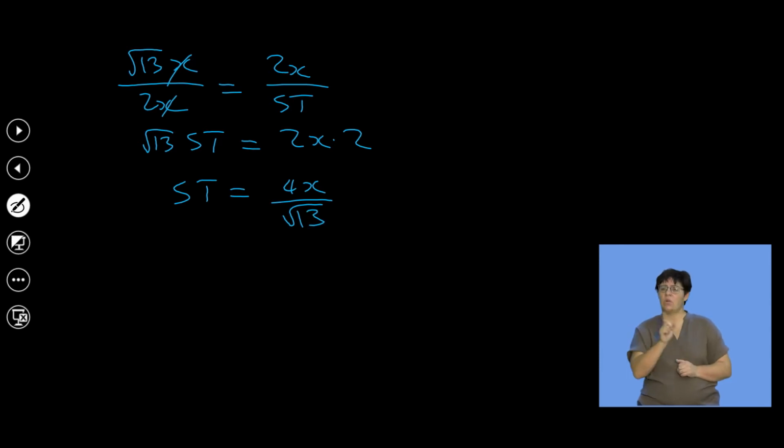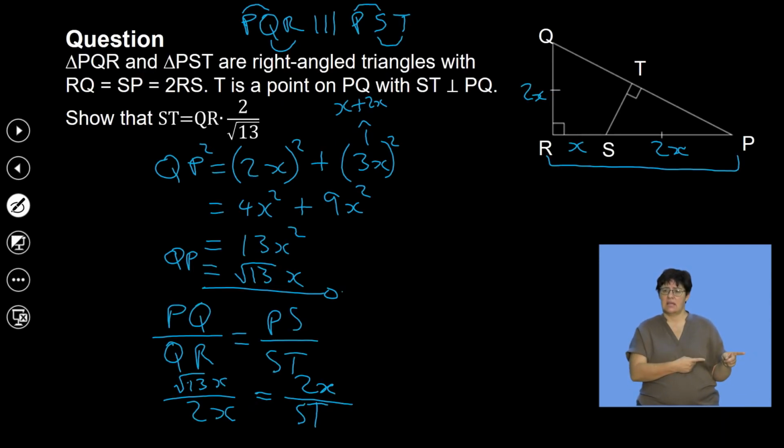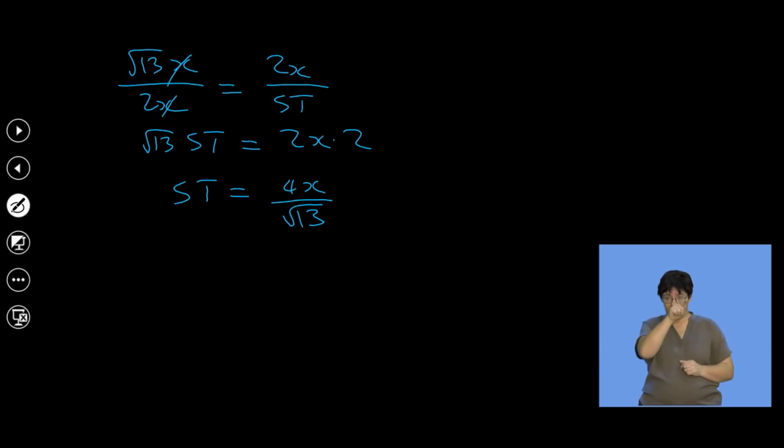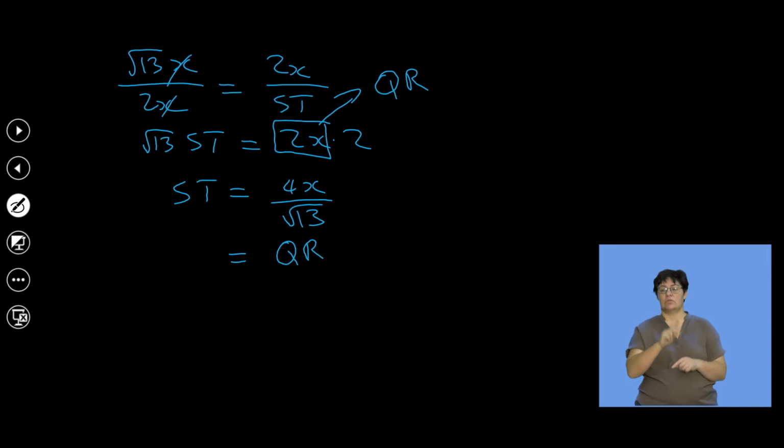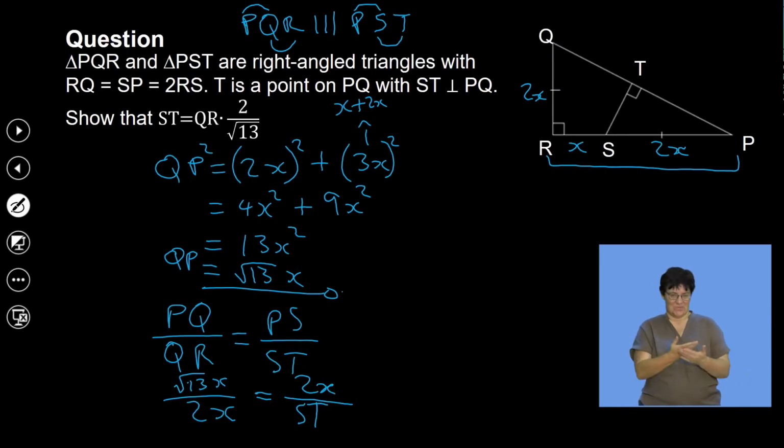But remember, what were we told? We were told that my QR, which is what I know, was 2x, right? So already from this part here, we know that is my QR, right? Yes, that is the QR. Therefore, it means this is the same as QR multiplied by 2 over the square root of 13, and that is equal to ST, which is exactly the same as what they wanted us to prove.